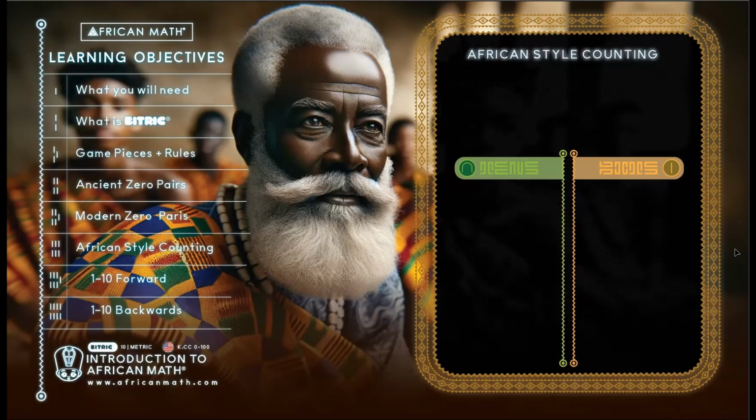Please, I really advise everybody who's listening, I don't care what country you're from, I don't care if you're African or non-African, please go look at the counting structure that is used within ancient African languages.